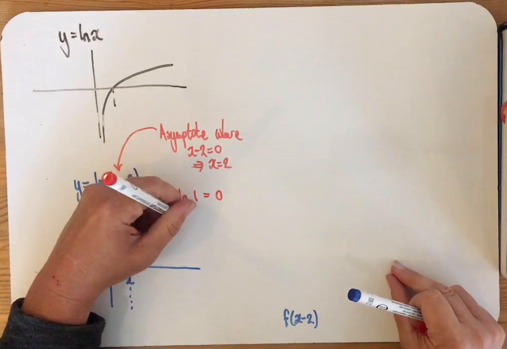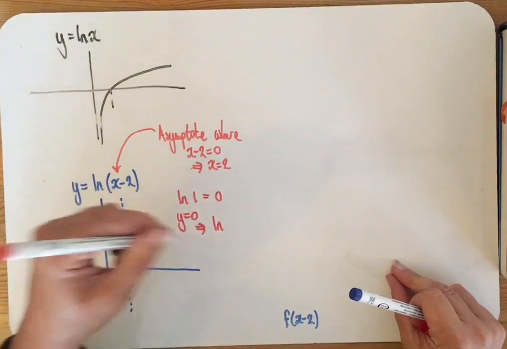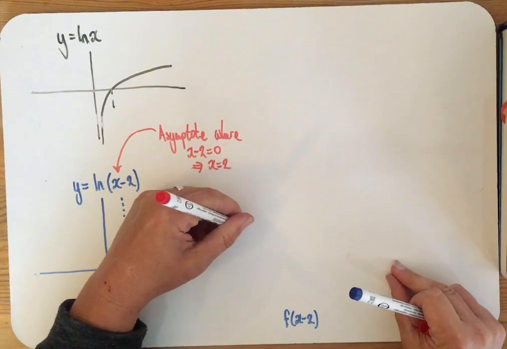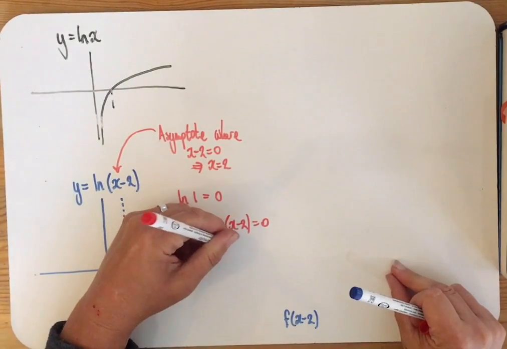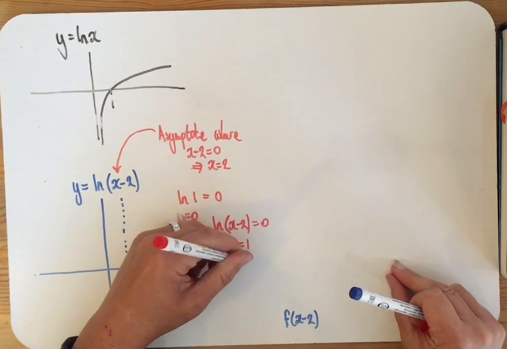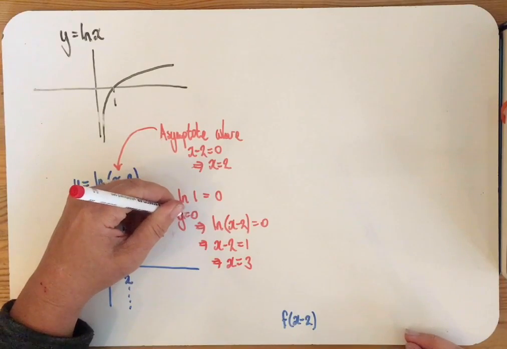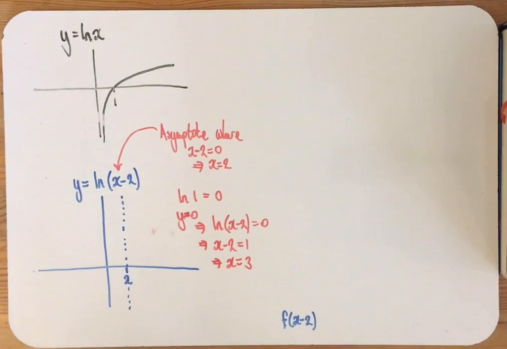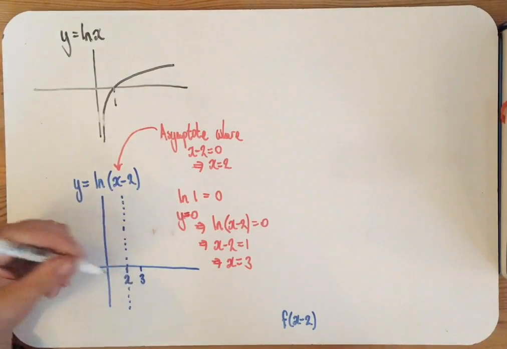So if y equals 0, we want ln of x minus 2 to equal 0. And so x minus 2 will equal 1 and x will equal 3. So if you don't want to use transformations, that's the way to do it. So I'd say a good mixture of both is probably the ideal thing.